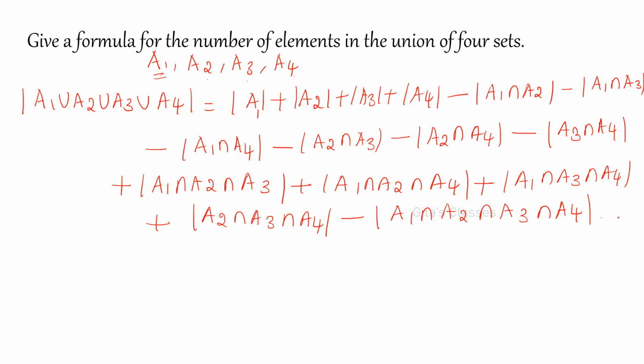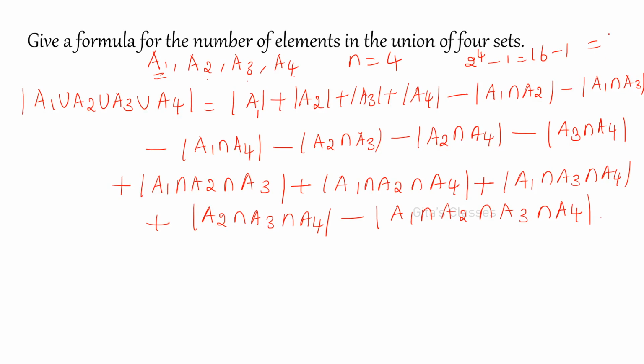Now I want to check whether I have written correctly or not. How will I know? How many sets are there? N is equal to 4, right? So 2 power 4 minus 1, that is 16 minus 1 elements should be there. 1, 2, 3, 4, 5, 6, 7, 8, 9, 10, 11, 12, 13, 14, 15.